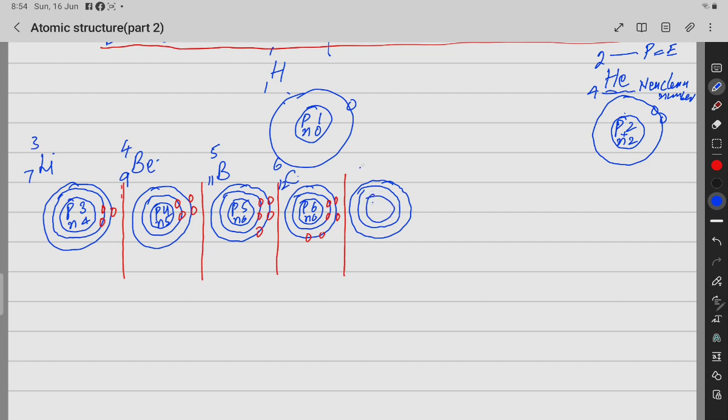This is nitrogen, and it is present in group 5, 14 and 7. Protons 7, neutrons 7, and electrons 2 in the first shell and 5 in the second shell because it is present in group 5.